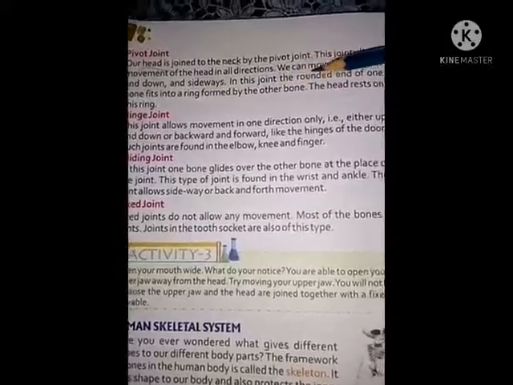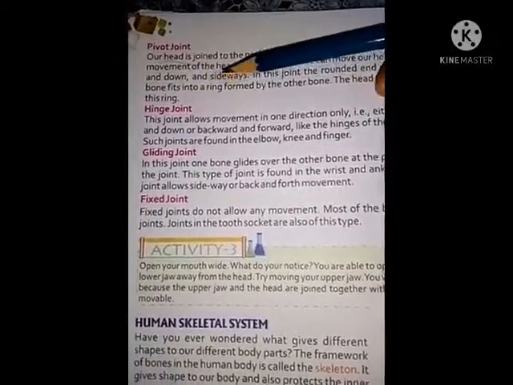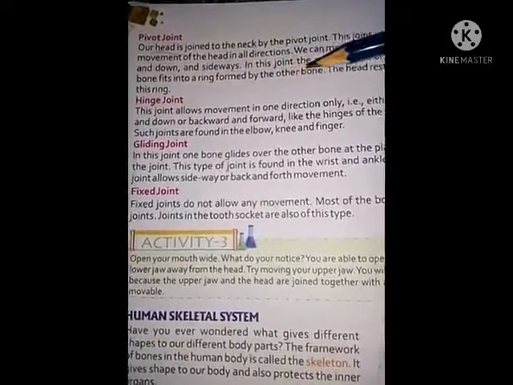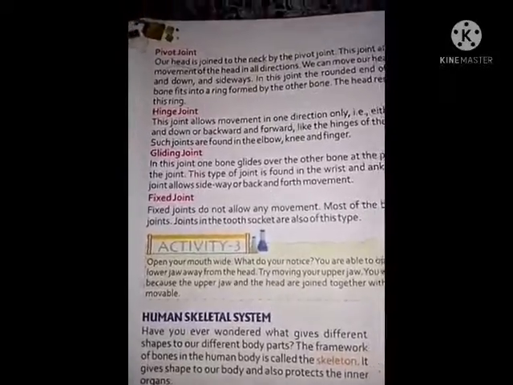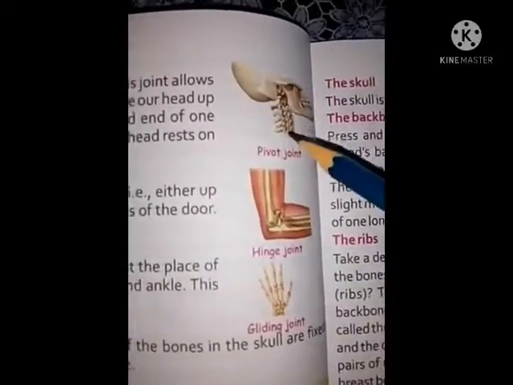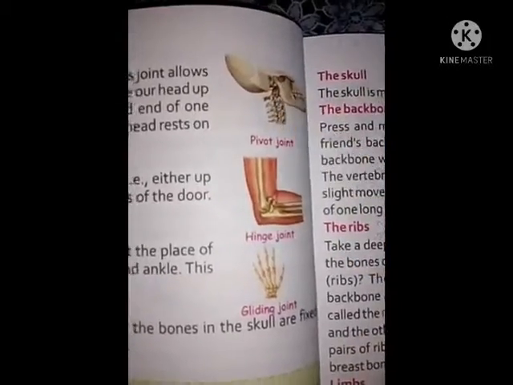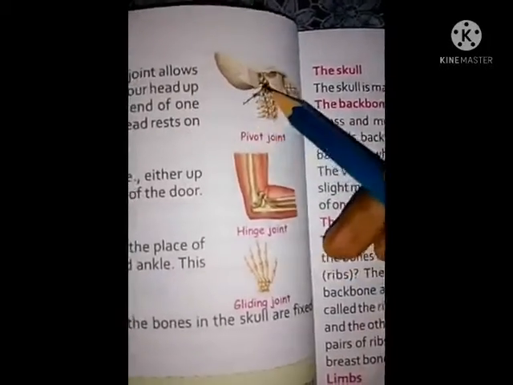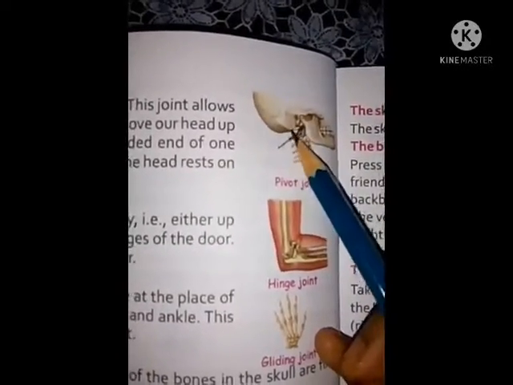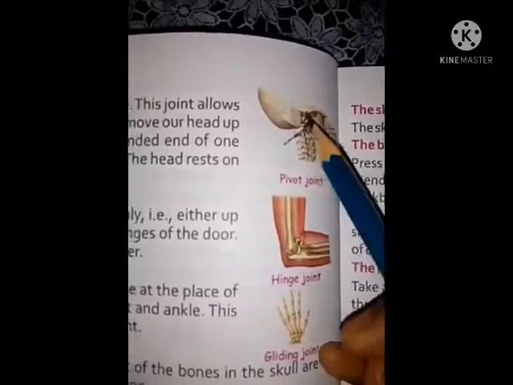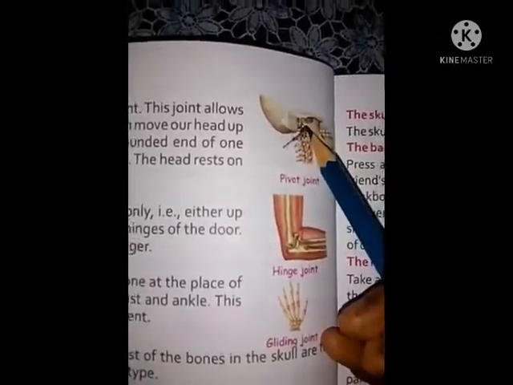In this joint, the rounded end of one bone fits into a ring formed by the other bone. The head rests on this ring. See, our head is joined with the neck. This is the pivot joint. Here a ring-type structure is formed by the neck bone, and in this ring the head rests.